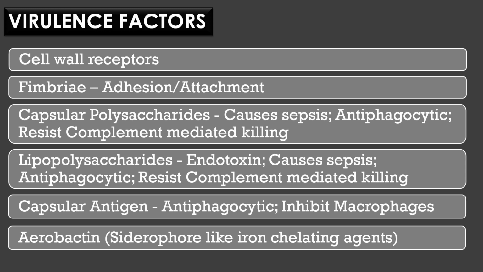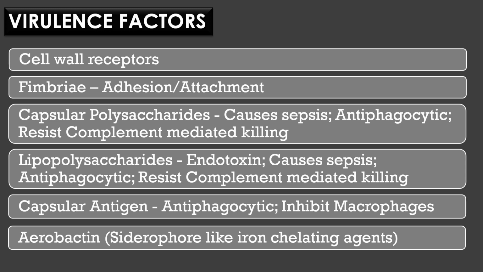And the third virulence factor is capsular polysaccharides, which causes sepsis, antiphagocytic in nature and resist complement mediated killing. And the fourth virulence factor is lipopolysaccharides, which act as a endotoxin and causes sepsis, antiphagocytic in nature and resist complement mediated killing.